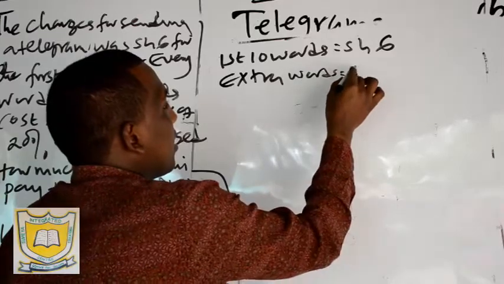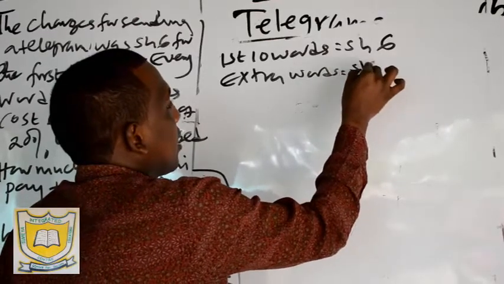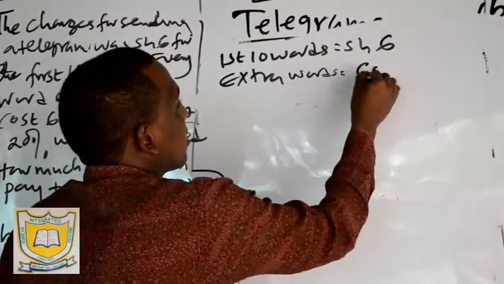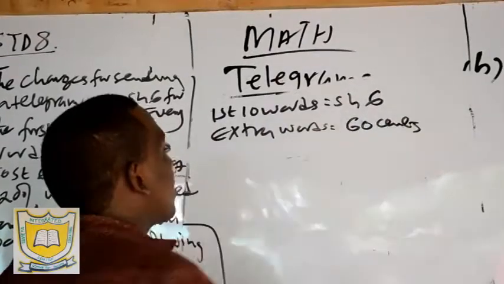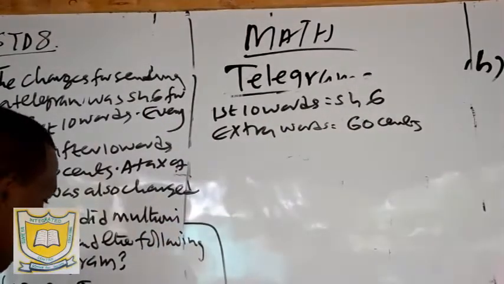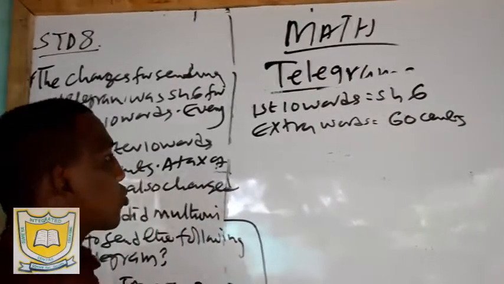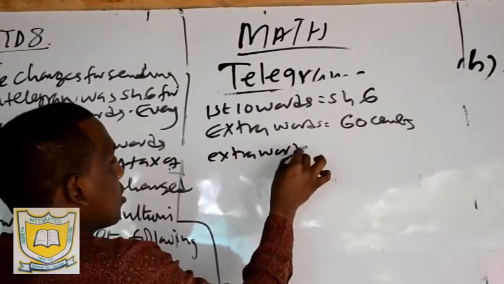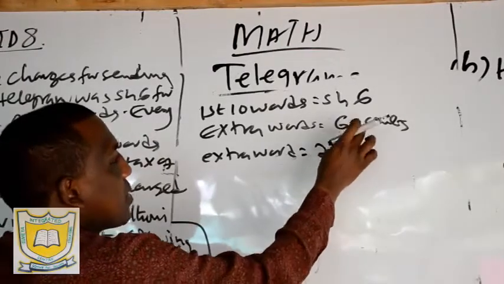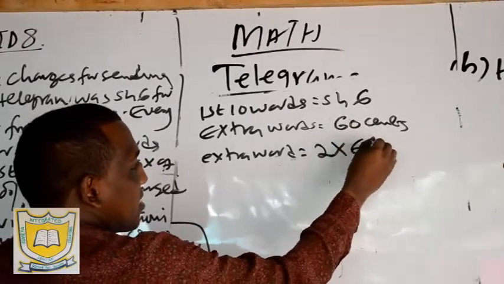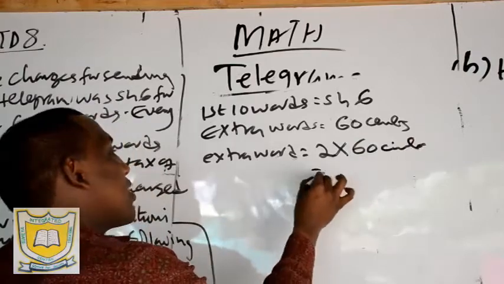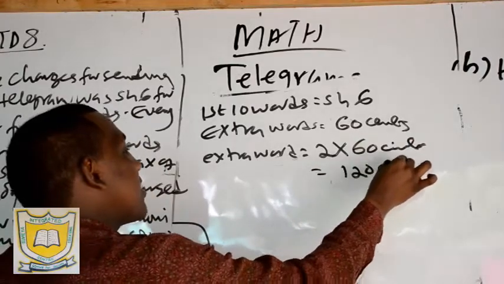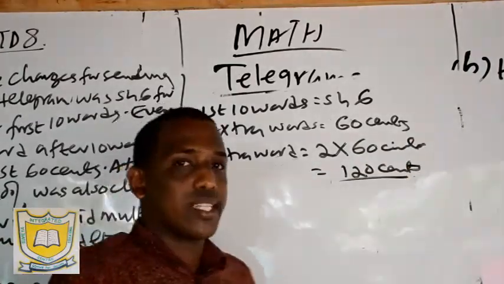They said not shillings, 60 cents. Now we must find the extra words cost. Extra words here we said there are 2. So extra words equals 2 multiplied by 60, each one 60 cents. So you will get 120 cents.